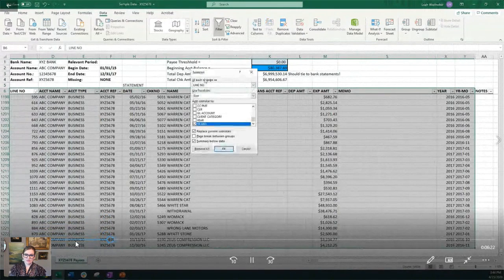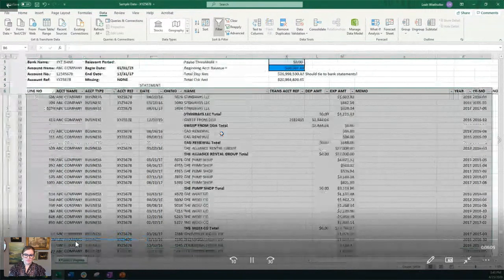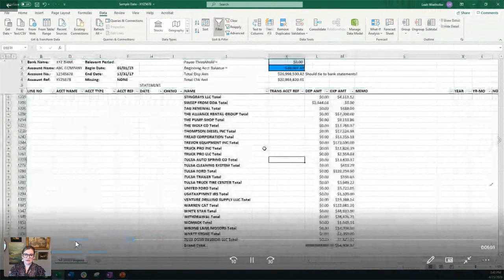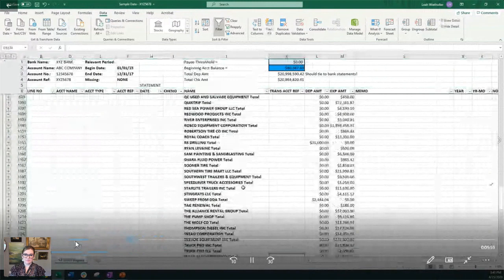There's a function in Excel called subtotal. At each change in name is what you're going to select. You're going to sum our deposit amounts and our expenditure amounts. And then you can look at this information summed by payee.